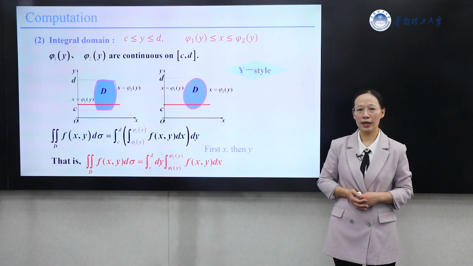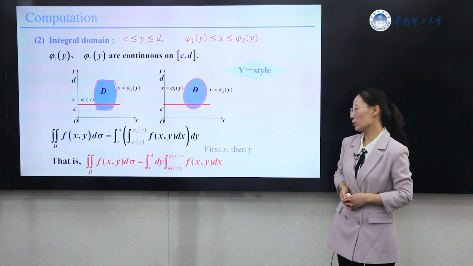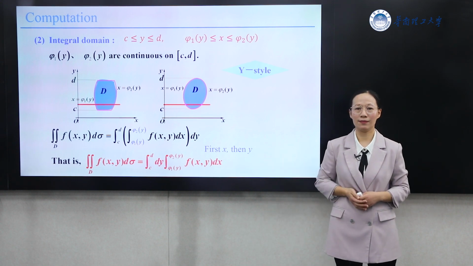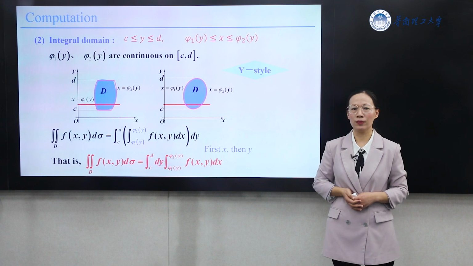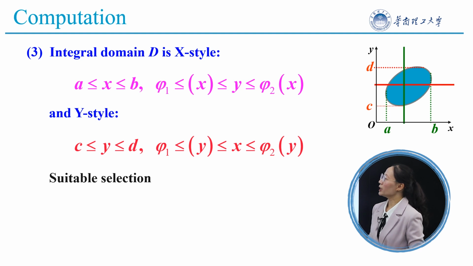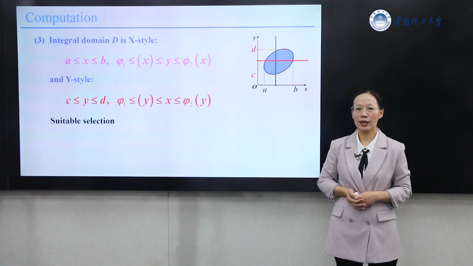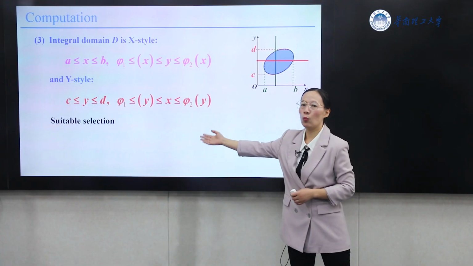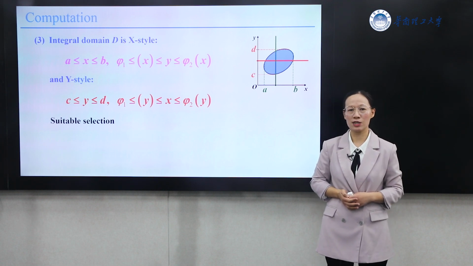We call it an iterated integral. First, integrate on x, then integrate on y. Notice that in the inner integration, y is fixed. The third kind of integral domain is both X-style and Y-style. We can choose the suitable one according to the characteristics of the integrand function.